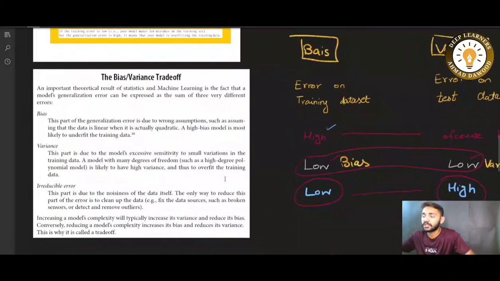You will see these types of terms in the future also, so it is important to discuss them here. Bias is the same as I have discussed: error on training data points, and variance is error on the test data points. Now you can see here that bias is part of generalization error. If I zoom in here, you can see these terms.